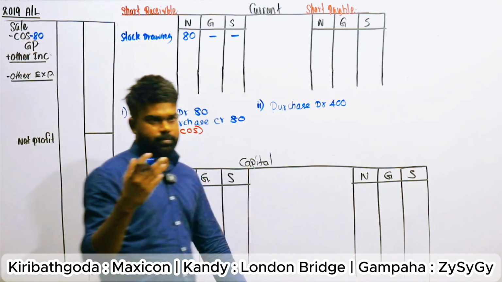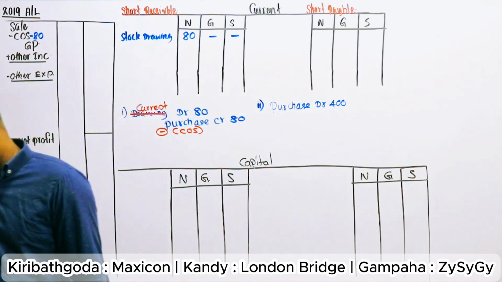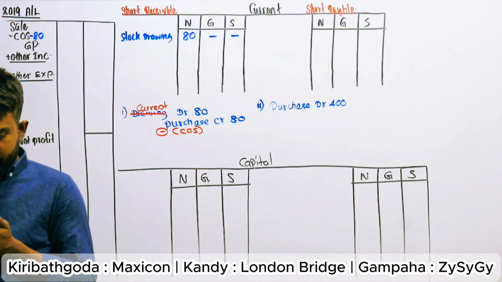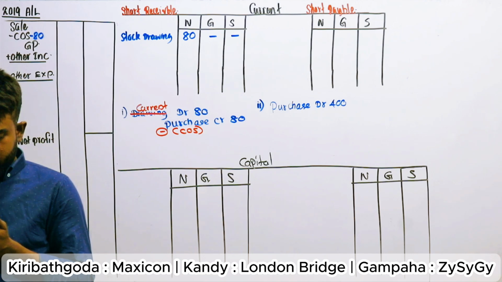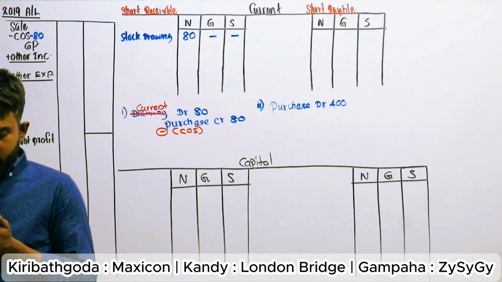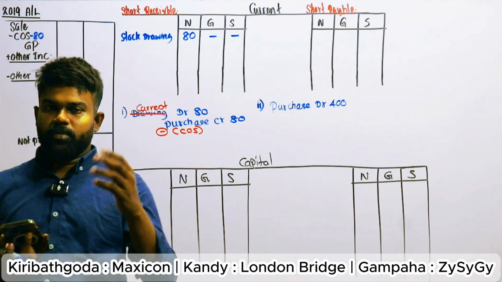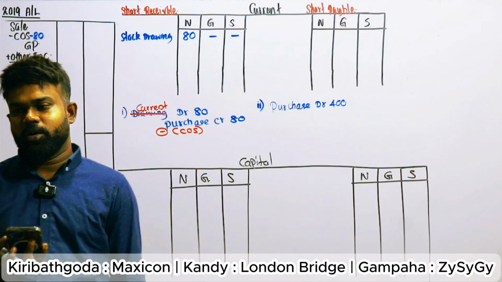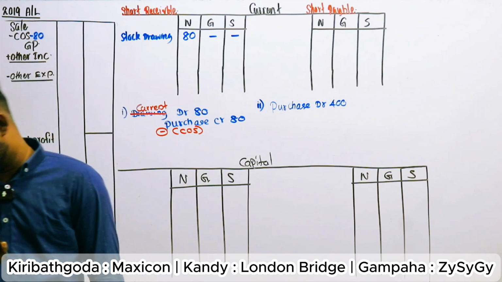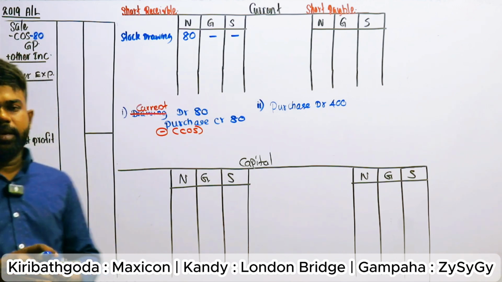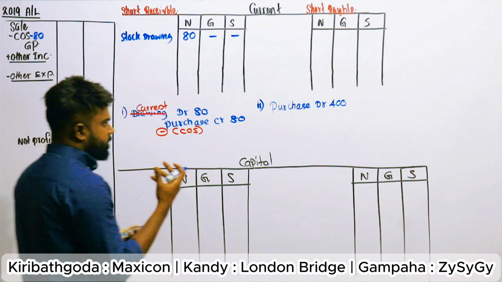Ganga purchased for the business 400,000 of goods. Okay, so therefore it is a payable, but how is it considered here?